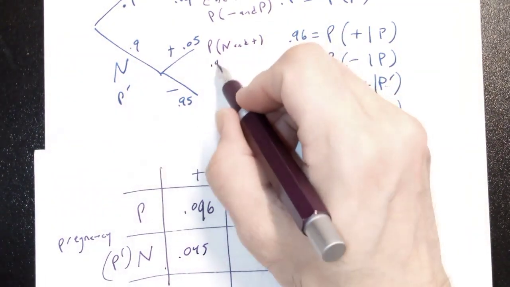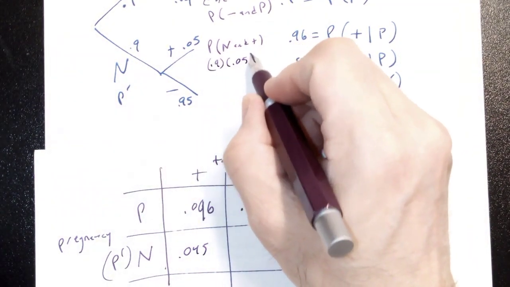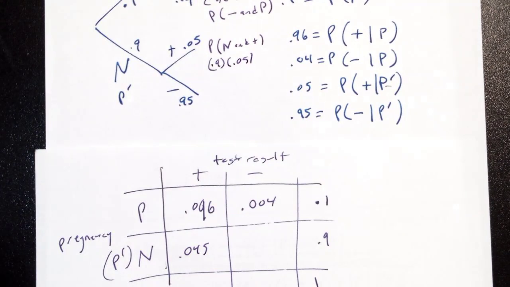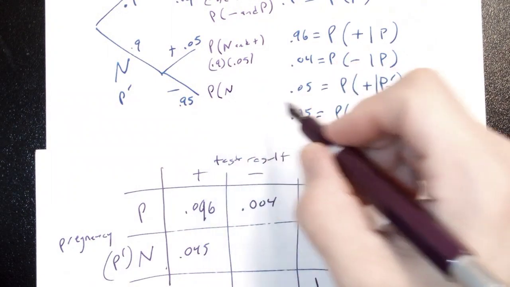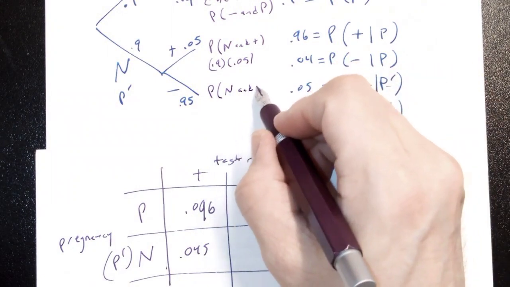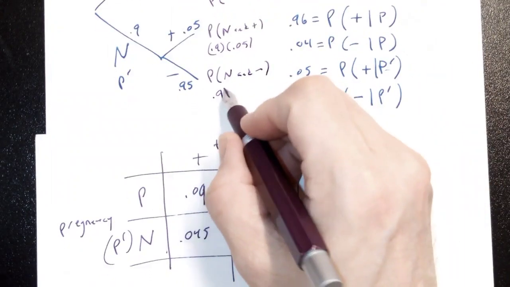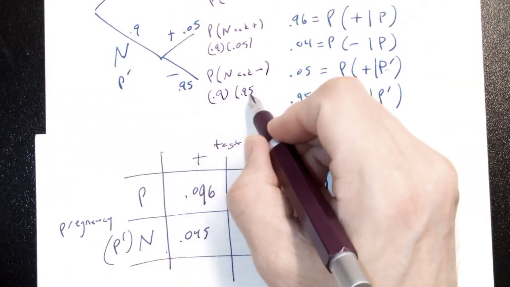Because that's the 0.9 times the 0.05. And the last branch is the probability of not pregnant and a negative test, and that's 0.9 times 0.95.